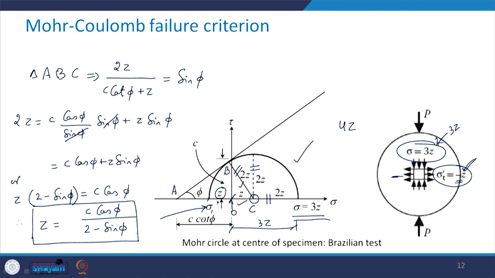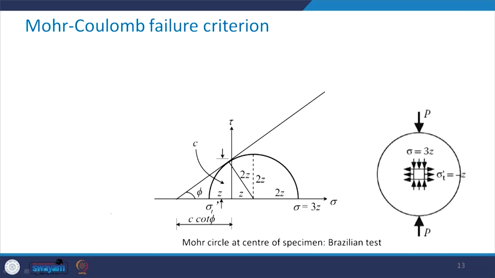Here z is representing the tensile strength. So the tensile strength in case of the Brazilian test is going to be given by this expression, C cos phi divided by 2 minus sine of phi.